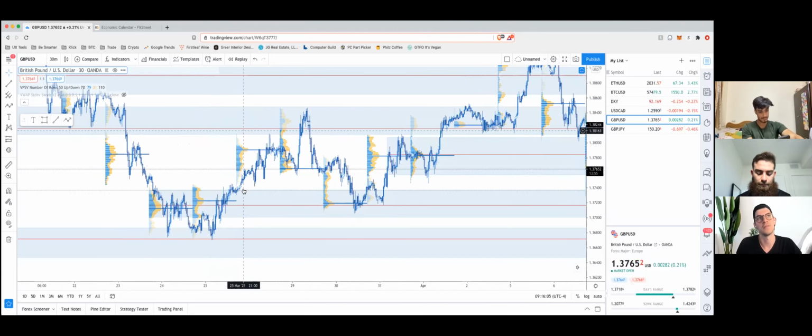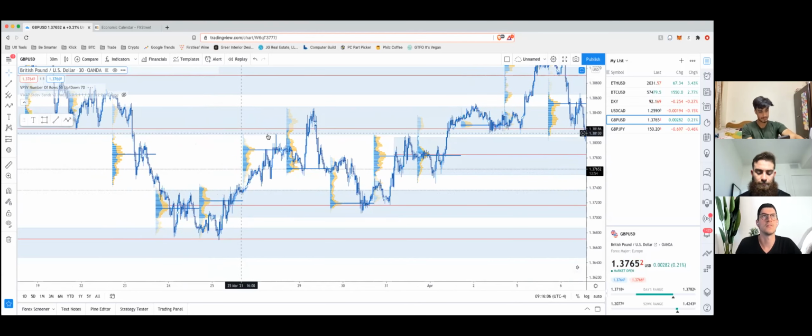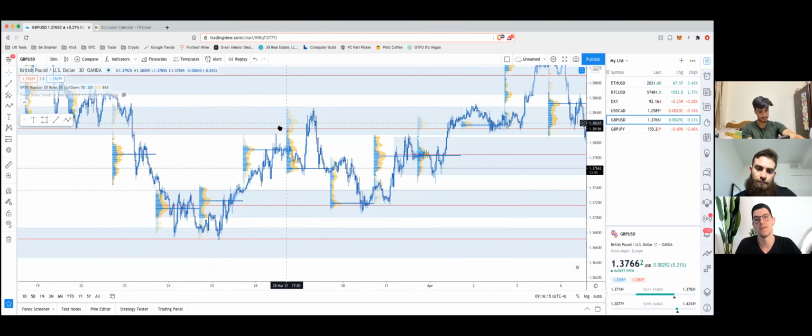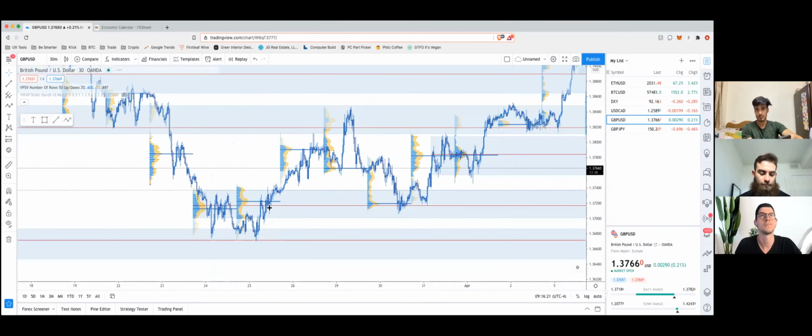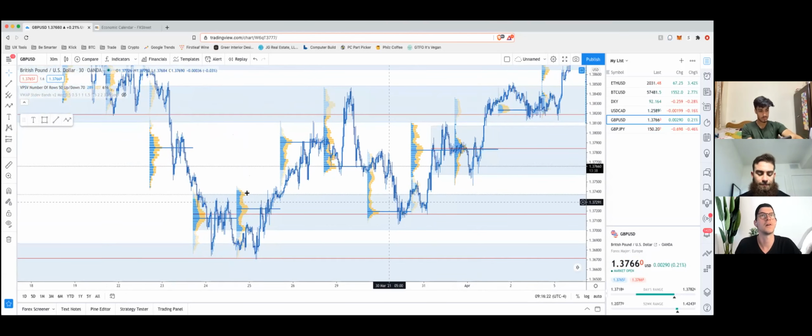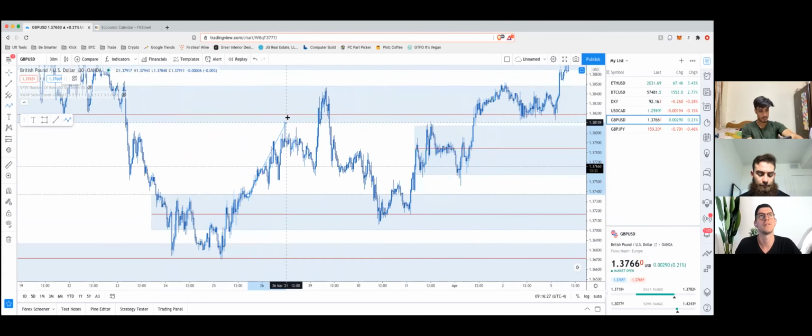So that's the idea: if we have space between these value zones, there's a high probability of price searching for the next value area. Value is built here, buyers gain control outside of this value zone, and then shot immediately back up here and tested this value zone.